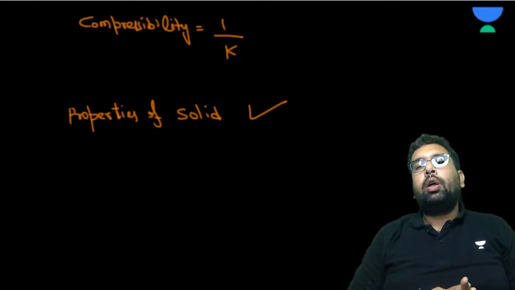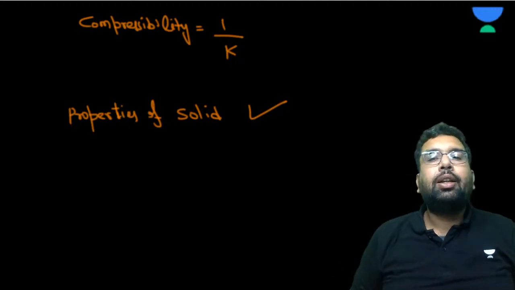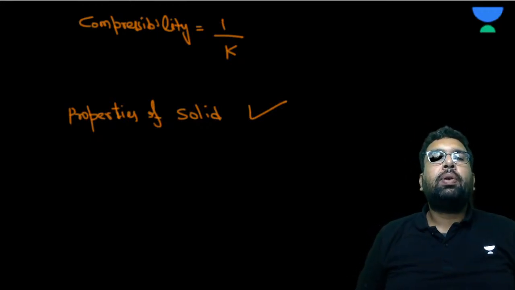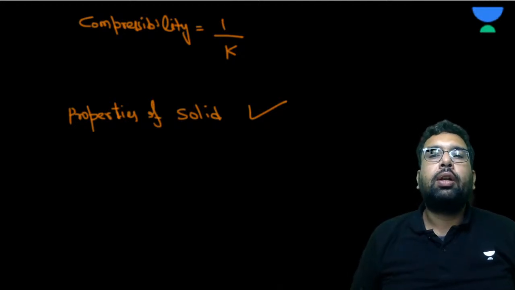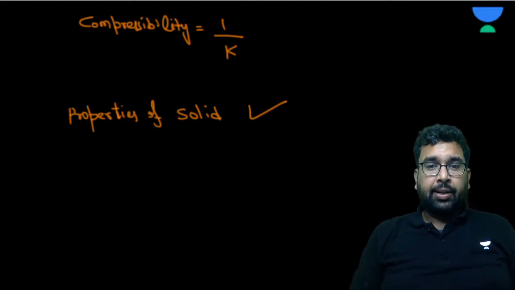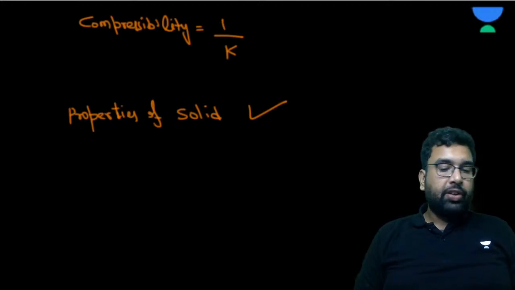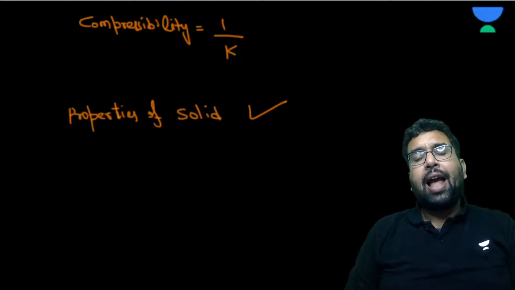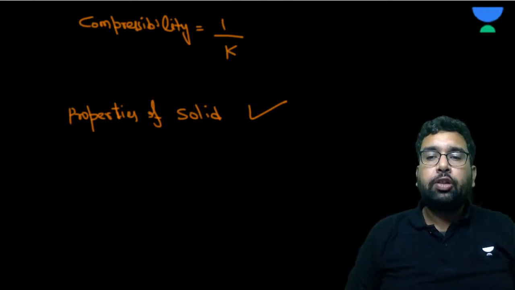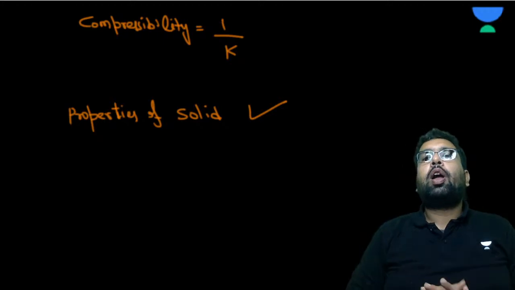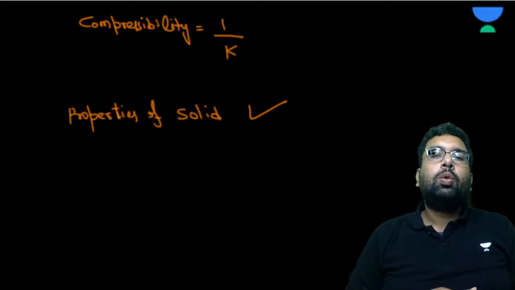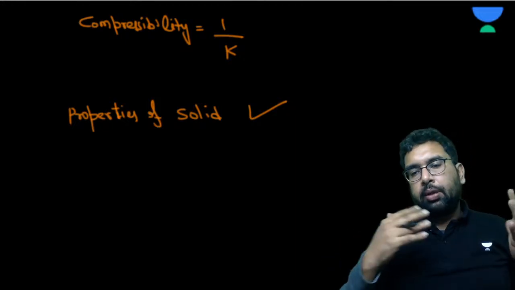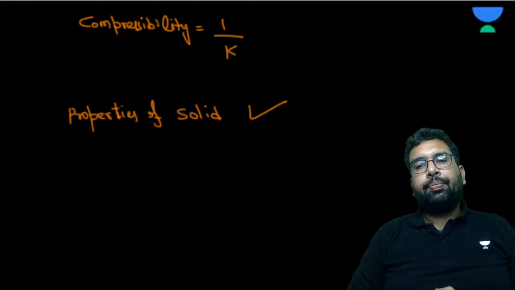If you want to learn this chapter in much more detail, you can refer to the previous videos of this chapter, by the name of Properties of Solid, Hooke's Law, Strain Energy, Thermal Stresses. I have dealt with everything very comprehensively. Later we will have a one-shot session of this complete chapter, like we do for every chapter. I'll take some time for it, so that if any students want to do some questions and everything, we can do that.